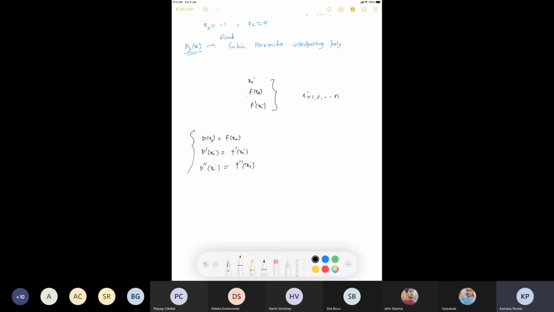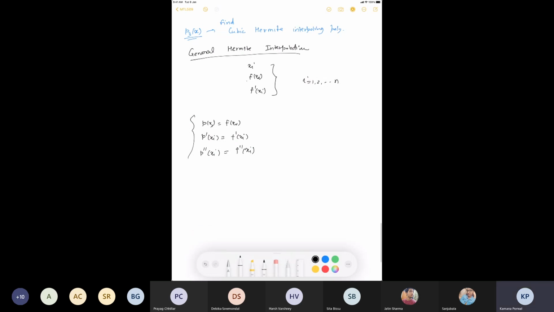So these are called the generalized Hermite interpolation. Okay, so you use the same technique. For example, say you want to construct a p of x which will satisfy this data, with i ranging from 1 to n. Okay, just try to think about that. How will you do it?